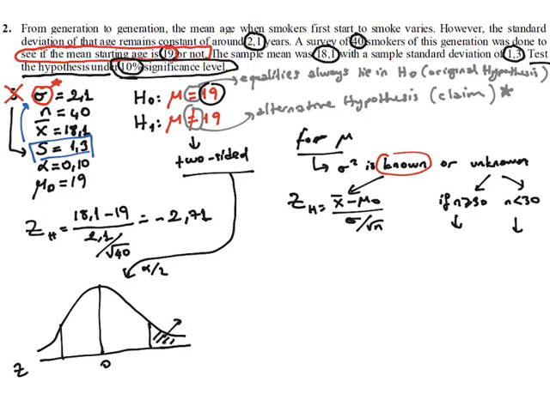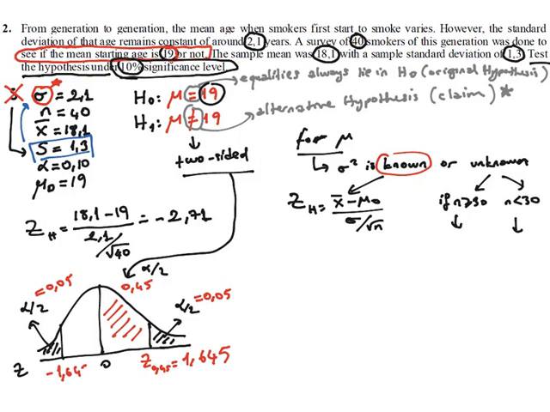So here is alpha over 2, here is alpha over 2. What is alpha over 2? It is actually 0.05. So here is 0.45. So we know this value, actually it is 1.645, and we have also here minus 1.645.